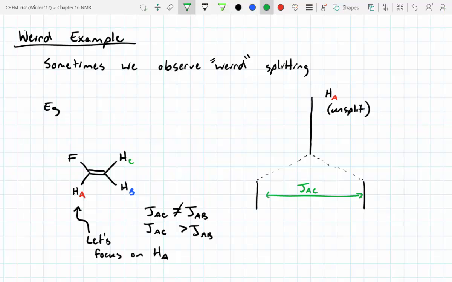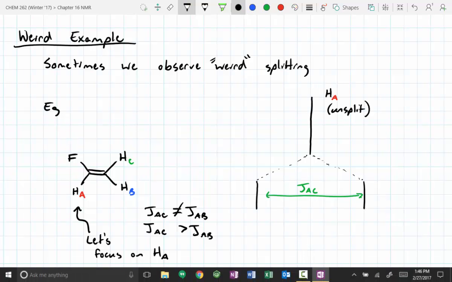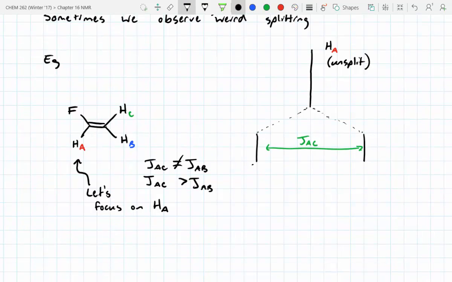So we get split once by that C proton. And then that signal gets split again by the B proton. So this is a little bit weird. But let's imagine now this is going to get split further.